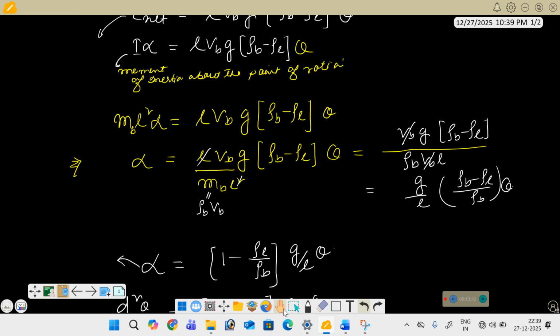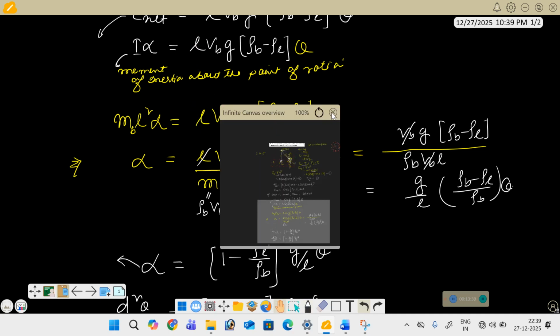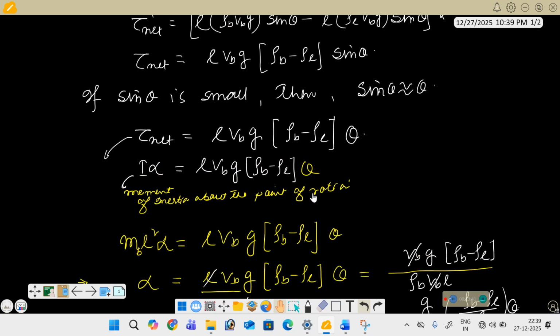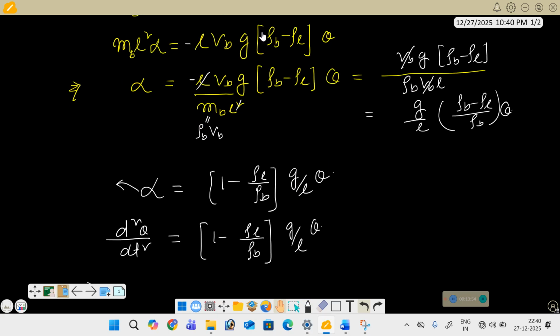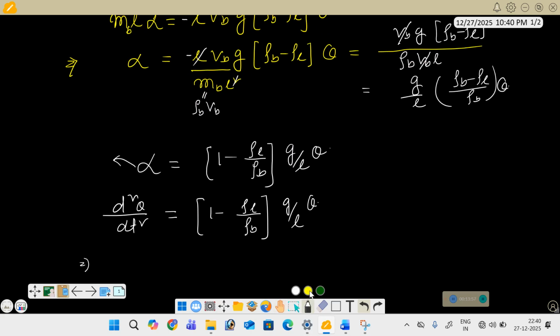In this equation we need to put one negative sign, because this negative sign indicates that the net force is towards the mean position. So the significance is that this force is towards the mean position.